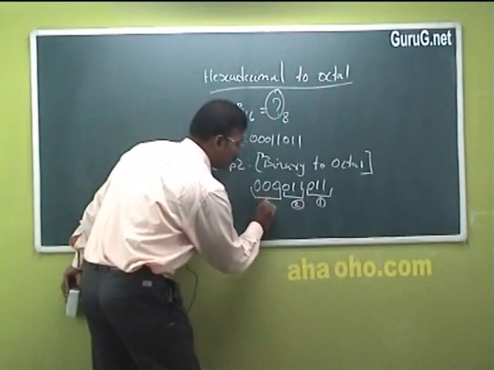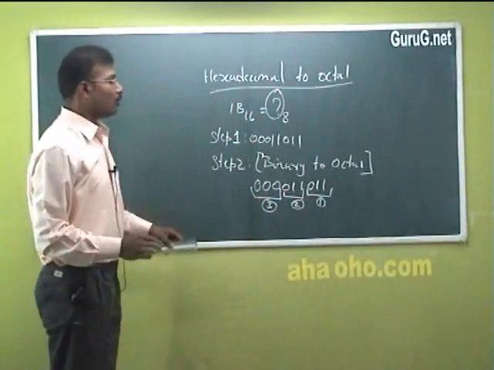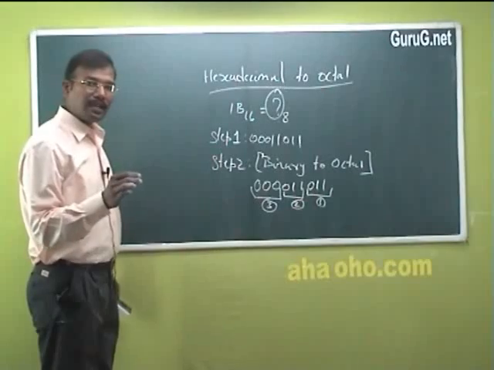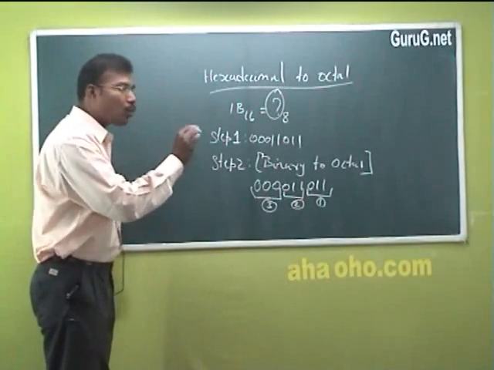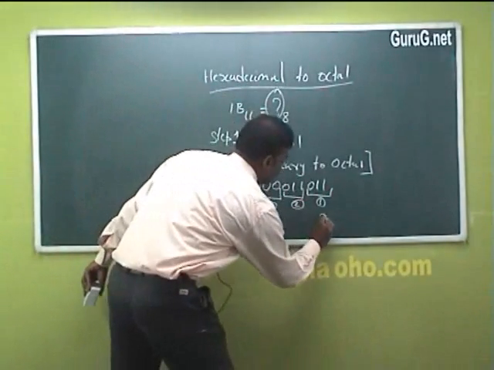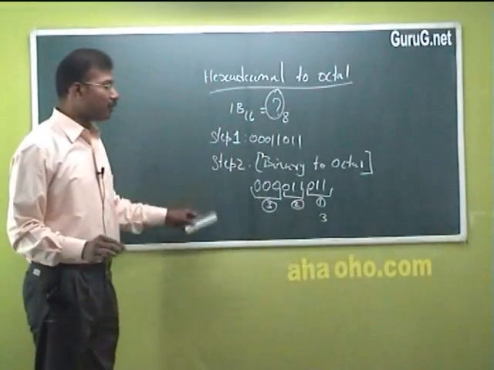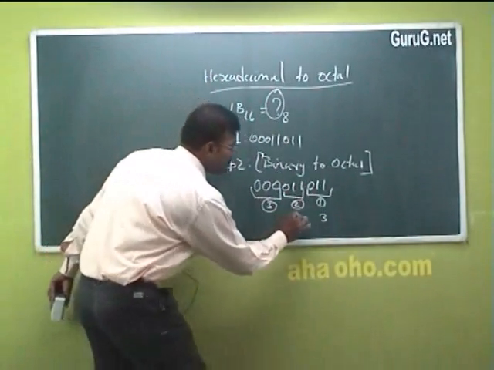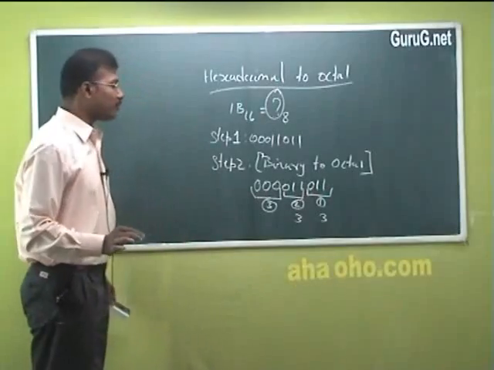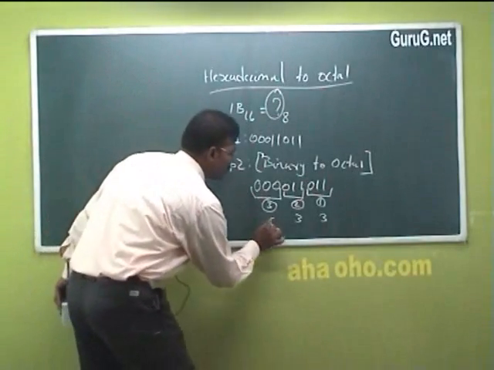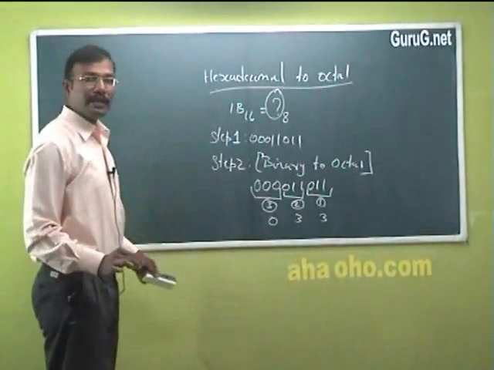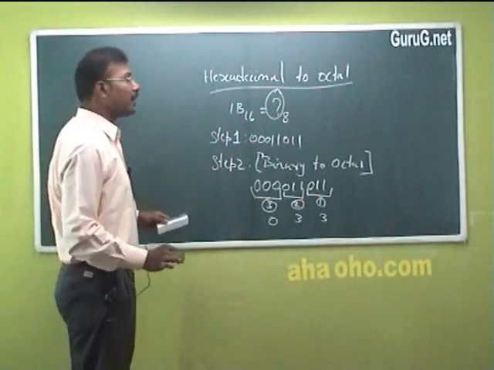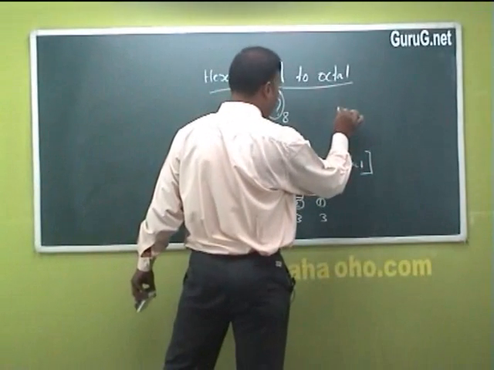Now, the octal equivalent for 011 is 3, again 011 is 3, and the octal equivalent for 000 is 0. So for 1B in hexadecimal, the equivalent octal value is 033.